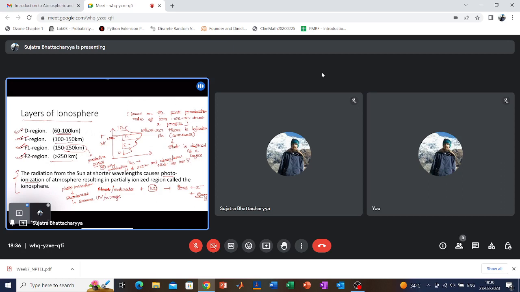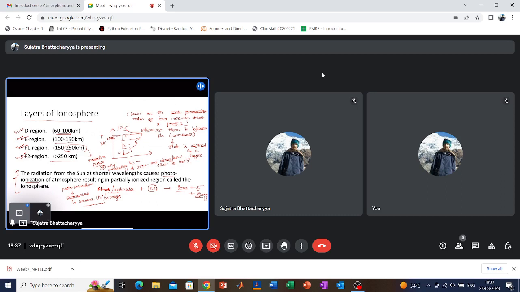These are particularly helpful photons to interact with these atoms and molecules and form ions and electrons. This is the core theory of the ionosphere: how the ions and the electrons are created, and how these layers are determined by the inflection points.